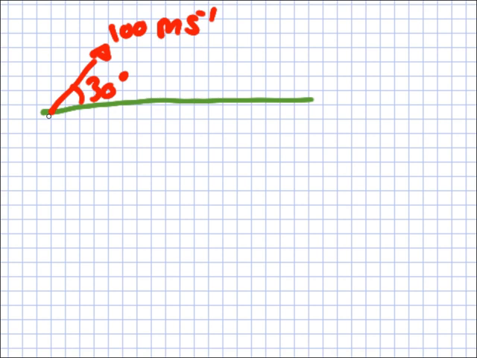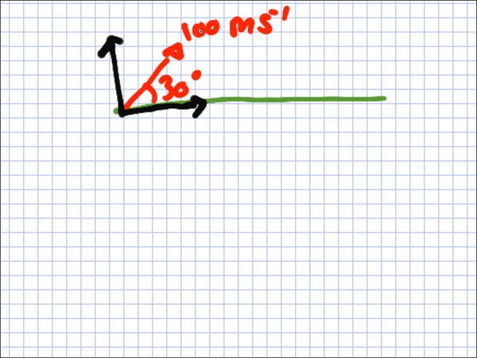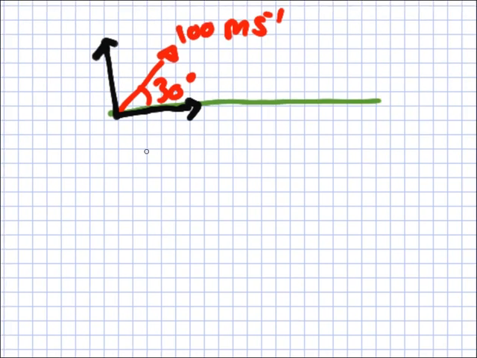First things first, let's get this component and this component. So what is 100 cos 30, please? 86.6. And then the other one I believe will be 50, won't it?